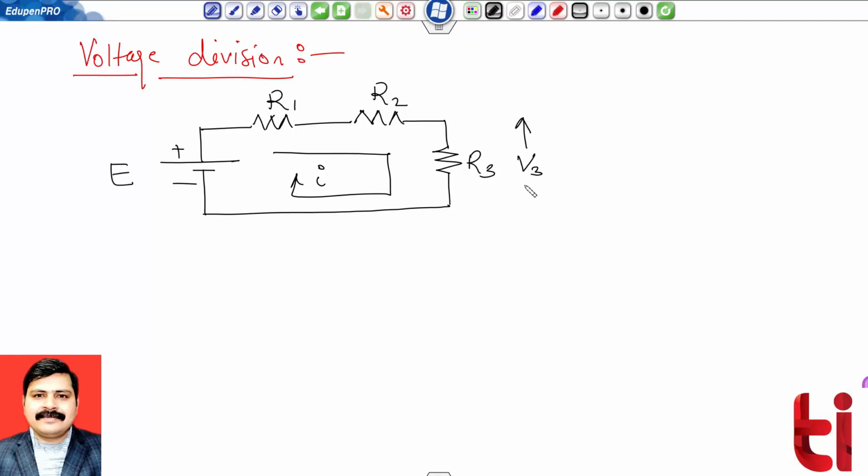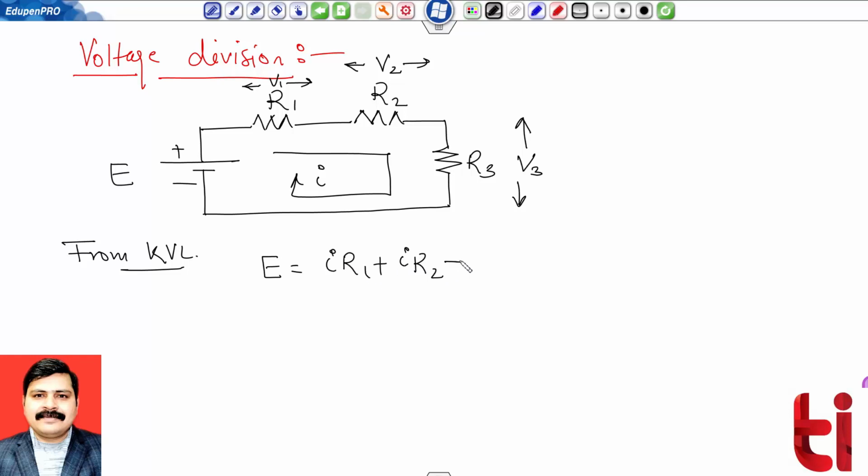Likewise, if the voltage across here is V3, across here is V2 and across here is V1, then we have seen from Kirchhoff's voltage law that E will be equal to IR1 plus IR2 plus IR3, and we have calculated the value of I also: E upon R1 plus R2 plus R3.